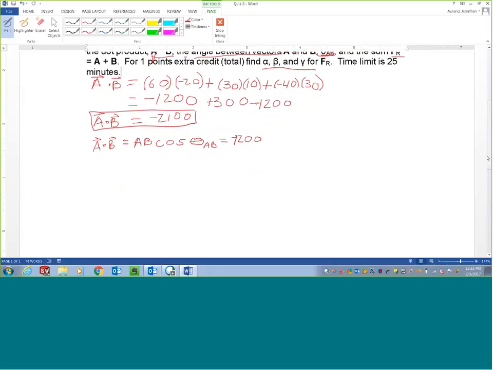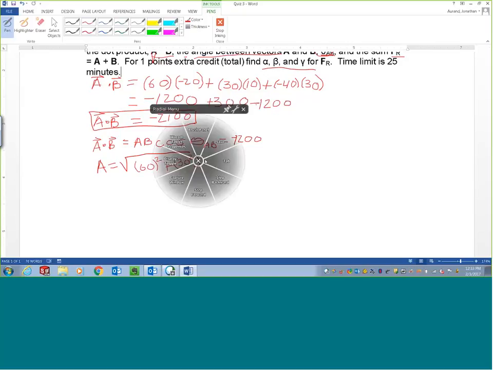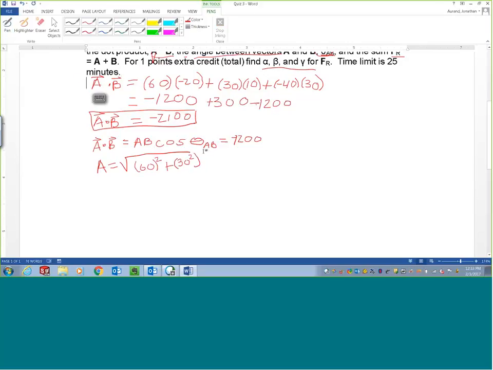All right, so still got our A dot B. So we need to find the magnitude of A. The magnitude of A is going to be the square root of 60 squared plus 30 squared plus 30 squared, plus the last part there, negative 40 squared.